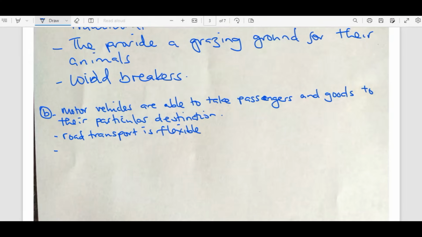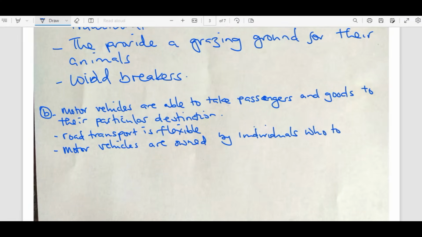And then the other one is that motor vehicles are owned by individuals, who are free to use them at any given time.